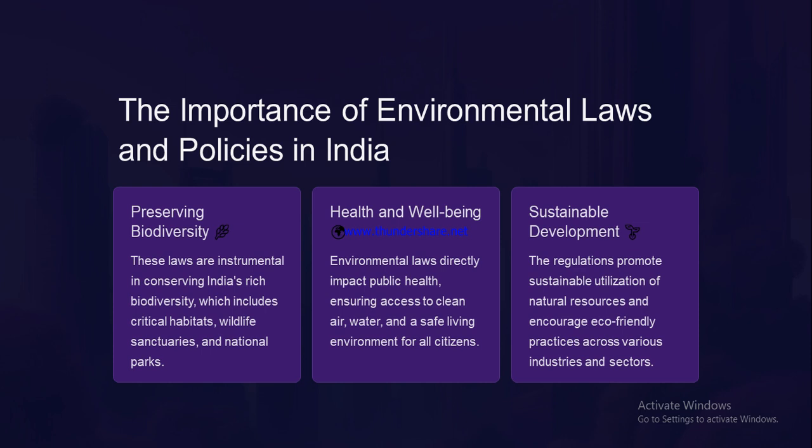Then the health and well-being of every individual has to be ensured by maintaining the environmental laws. And sustainable development, sustainability, is the very need of the hour. For sustainable development, what is required is that laws be framed properly, and they have to be implemented, regulated and monitored.